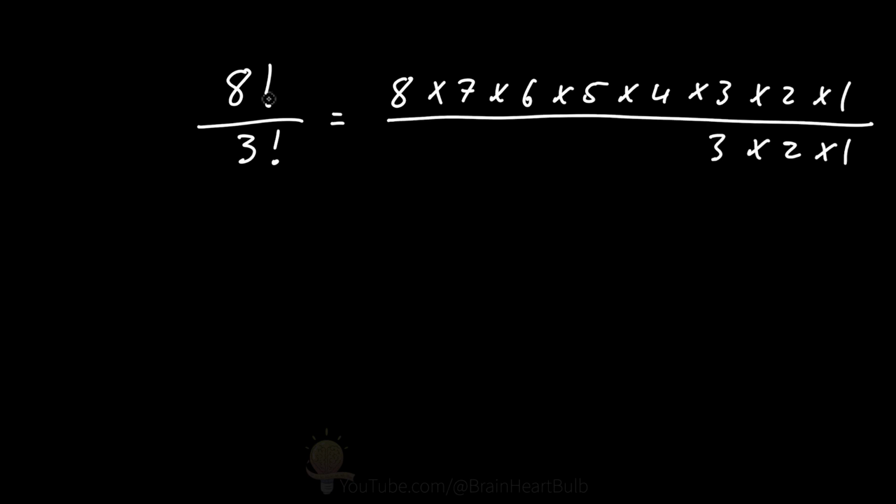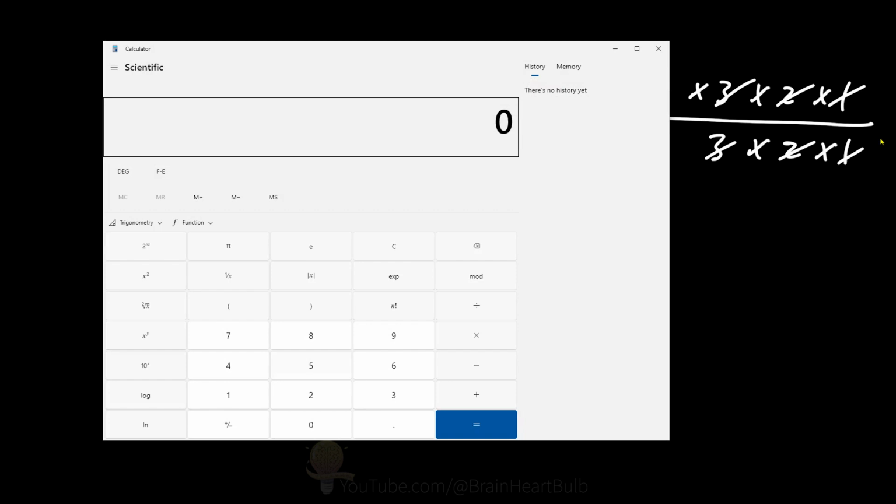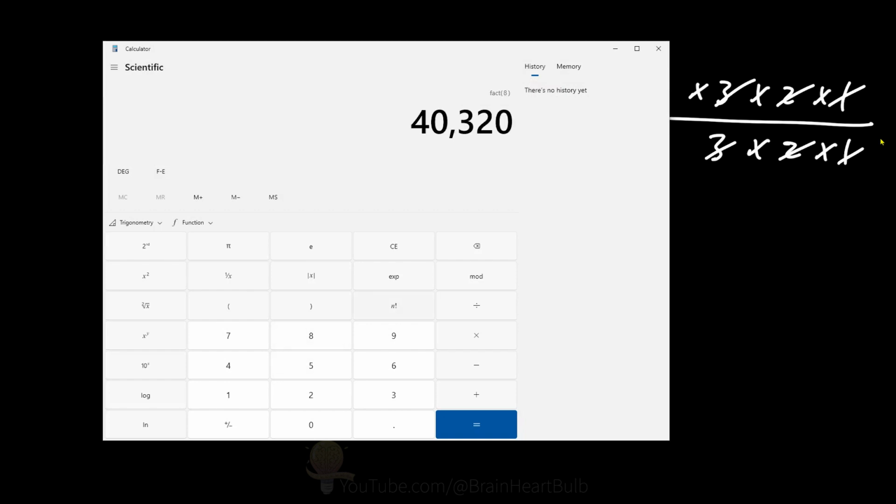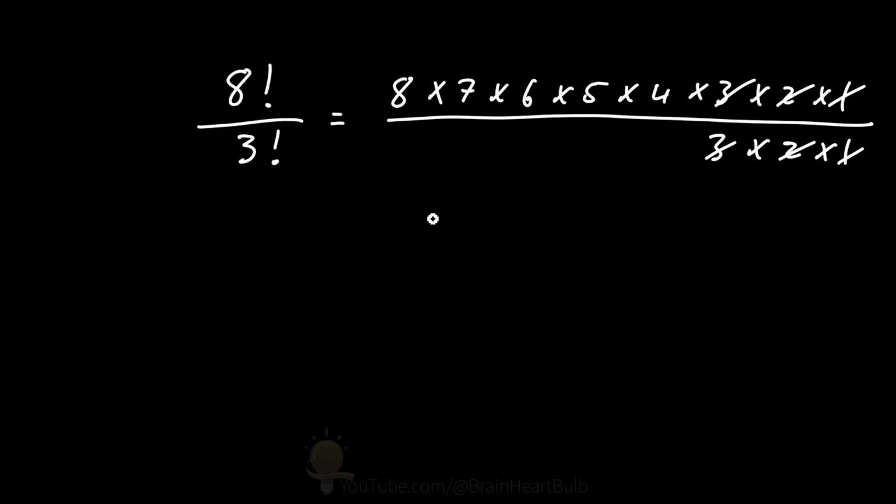Well, we can either write out 8 factorial in its complete form and 3 factorial and cancel like terms, or we could use our calculator, find out what 8 factorial is, store that, and divide it by 3 factorial, which is 6. So 40,320 divided by 6 is equal to 6,720.